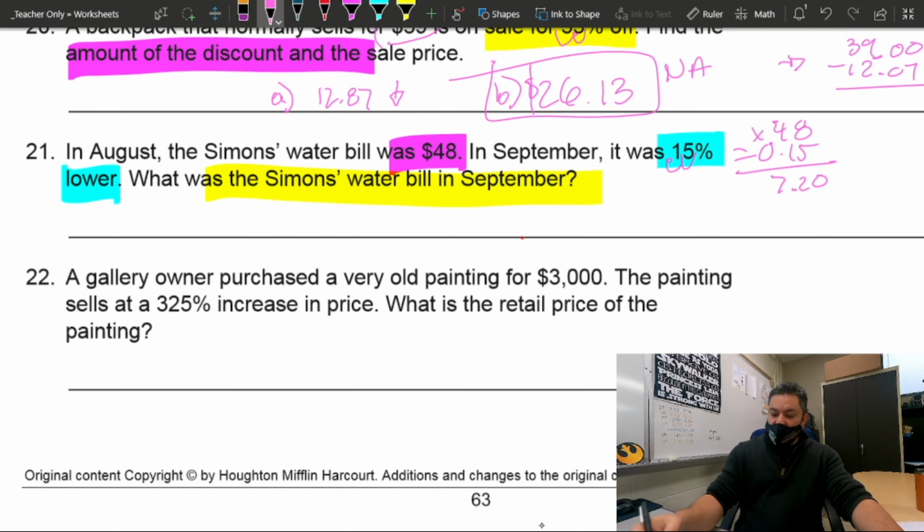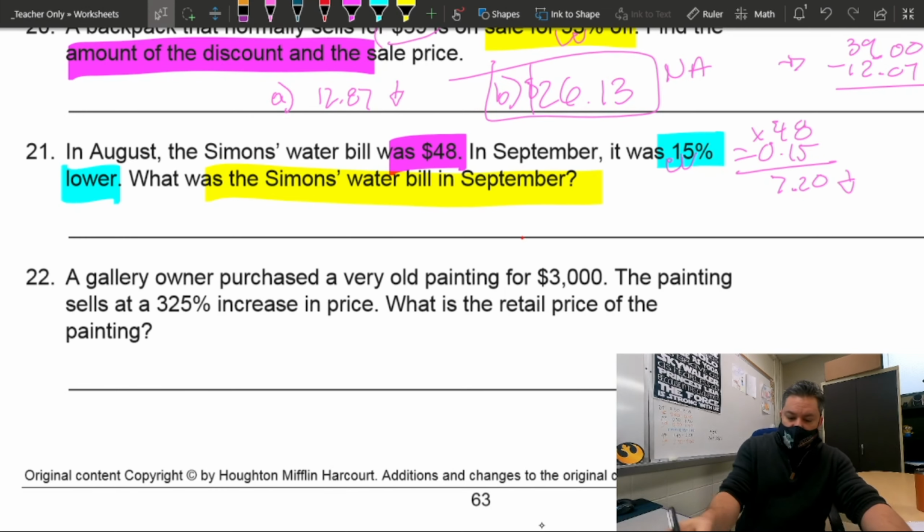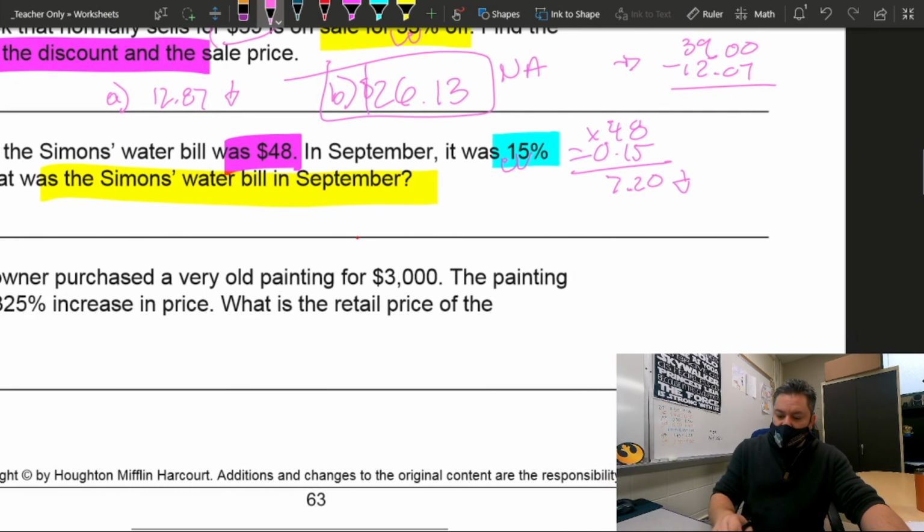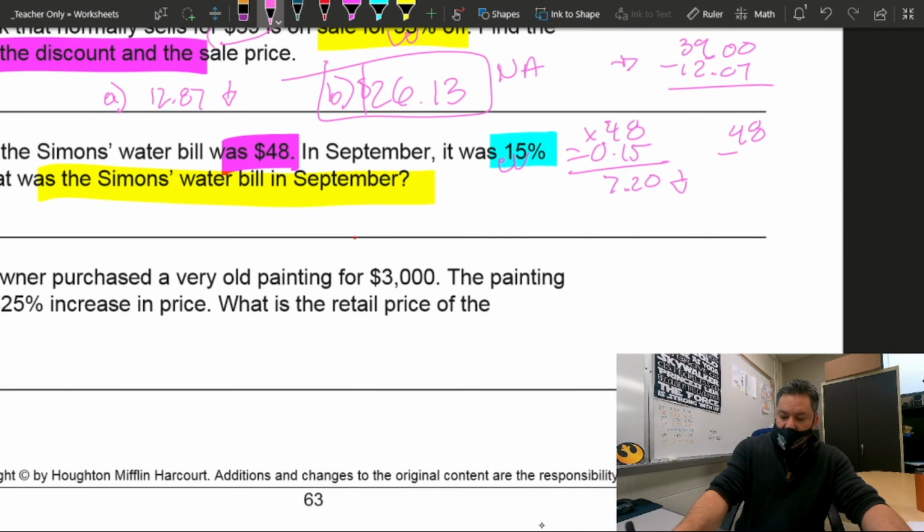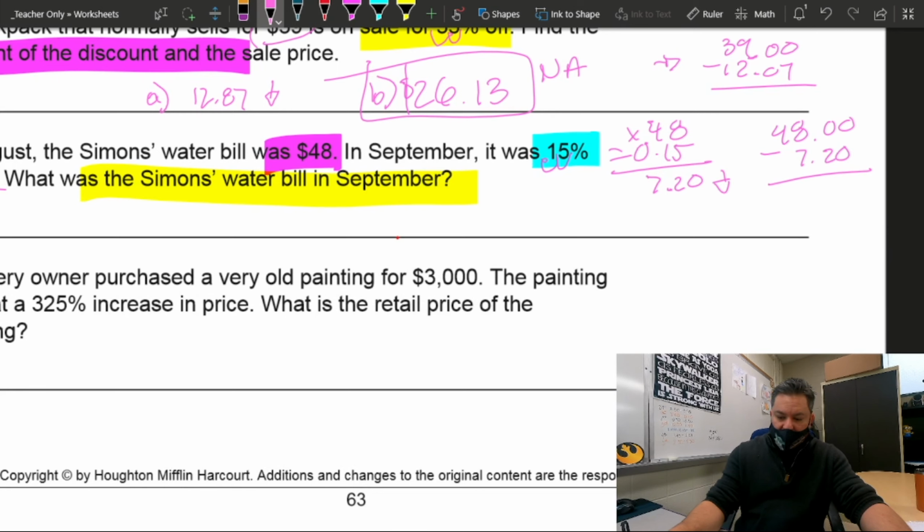So now, this amount is what's going to go down because the bill was lower, right? So we're going to take 48 minus 7.20. Remember, I'm lining up my decimals. And my new payment for September is going to be $40.8.